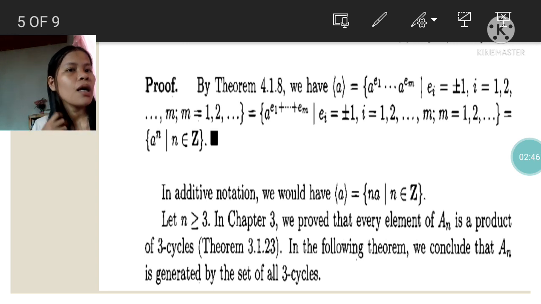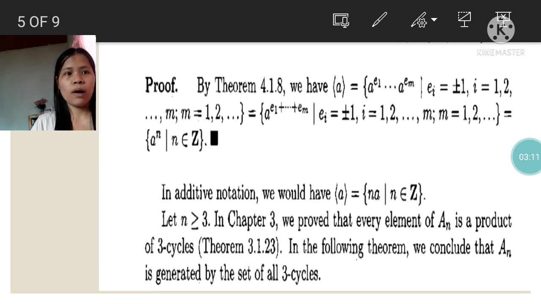Okay, next, the answer is equal to e_1^{e_1}...e_m^{e_m} such that e_i is equal to positive and negative 1, i is equal to 1, 2, continuation m.